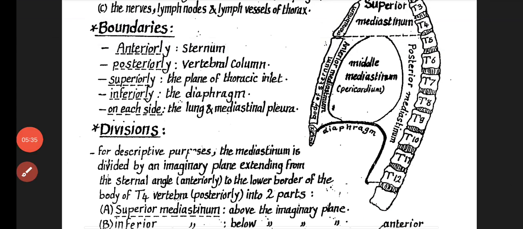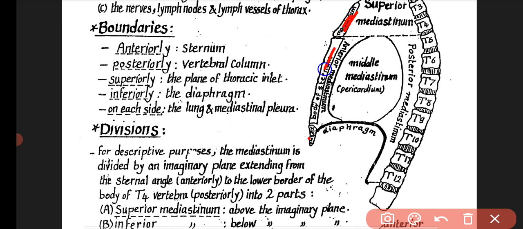What is the sternal angle? The sternal angle is the junction point of the manubrium sterni and the body of the sternum. This is known as the sternal angle.